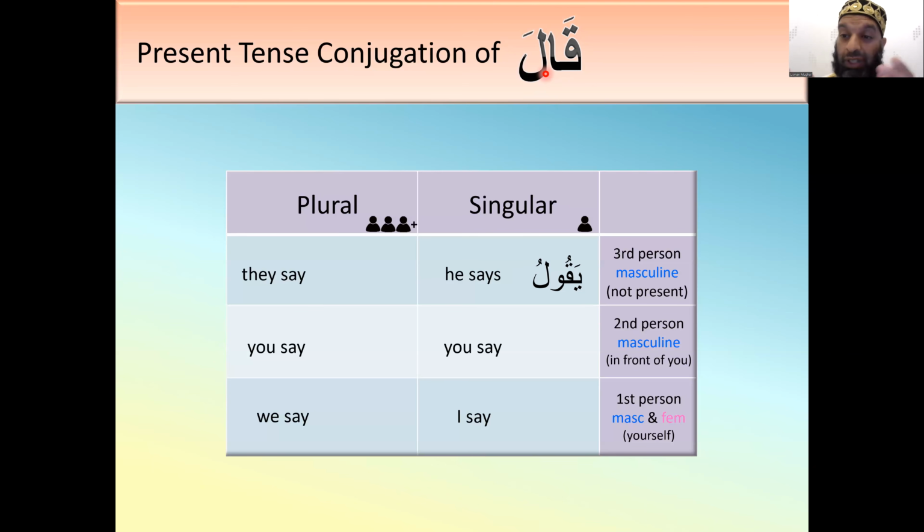So for yaktubu, kitab, the root word is kataba. You open the dictionary at ka, then go to ta, then ba, kataba. That's where you'll see all the words, yaktubu, maktaba, for example. So for qala, if you go to qaf and then alif, you're not going to see it there. It's going to be qaf, waw, and lam.